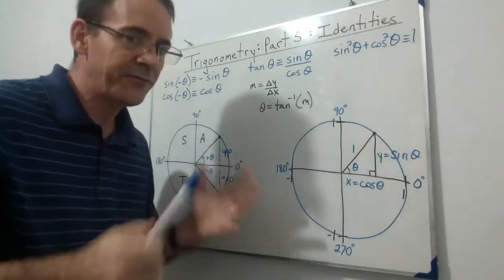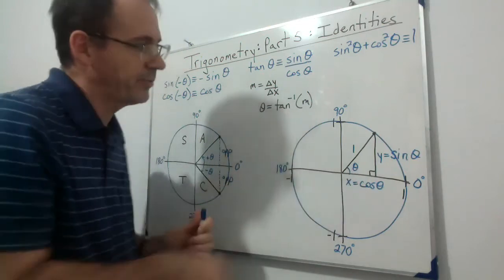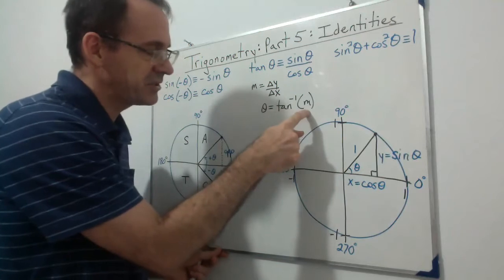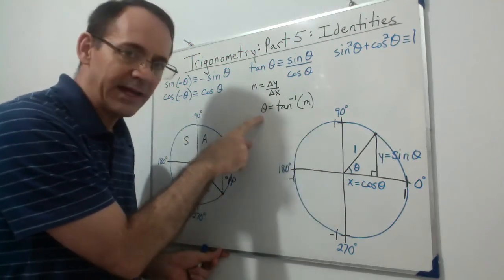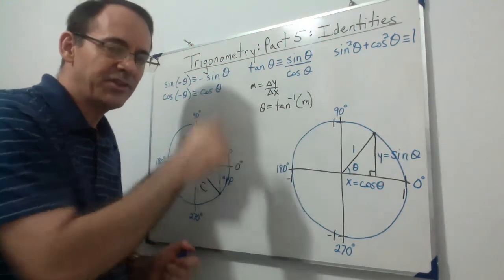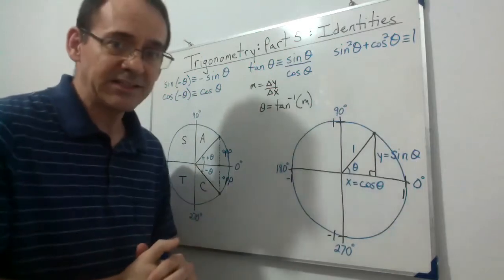If we want to find that angle, this can enrich the algebra a little bit. If we know the slope, we can take the inverse tangent of the slope and find the angle of our line. So it just gives us an extra piece of information.